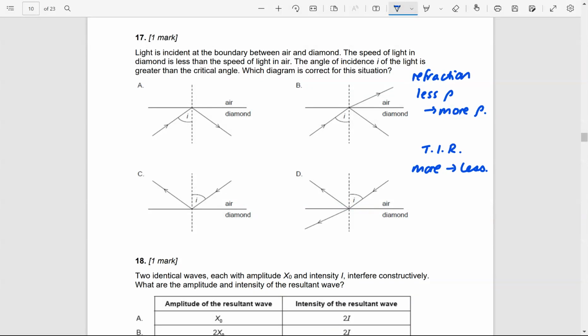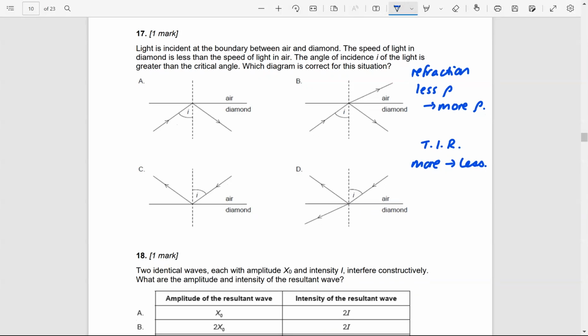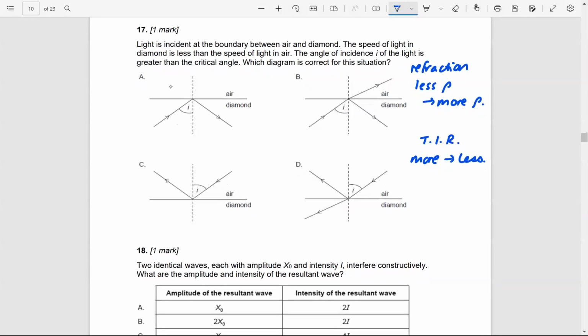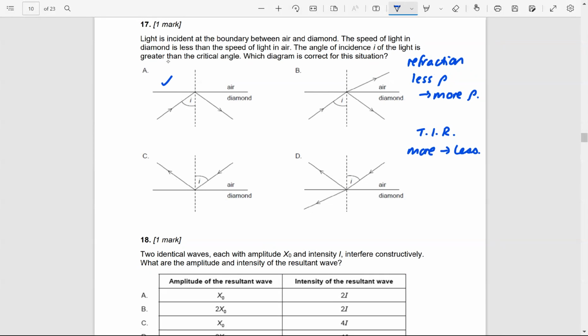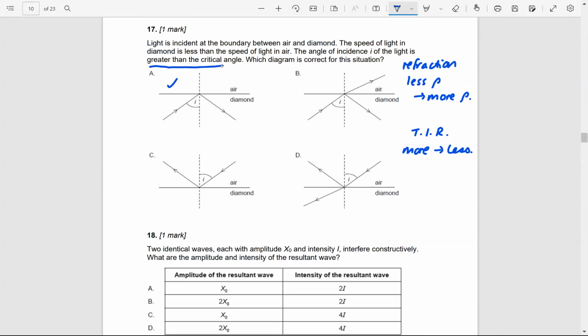So it could be more to less. It could be A. Sorry, it's not working. Okay. It could be B, but then again, it can't be, because we're greater than the critical angle, which means that there's no refraction.